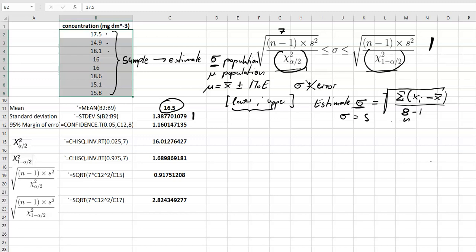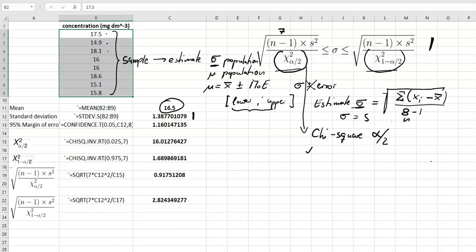Now this value here is what is known as the chi-square value for the right-hand distribution for alpha half. What is alpha?